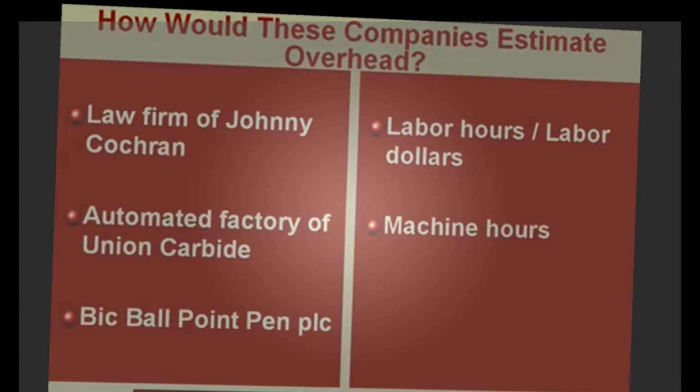If you said machine hours, dead on. This is because most of the overhead relates to costs associated with machines. How about the next one, the ballpoint pen company? They make trillions of ballpoint pens, so maybe you could say number of units.